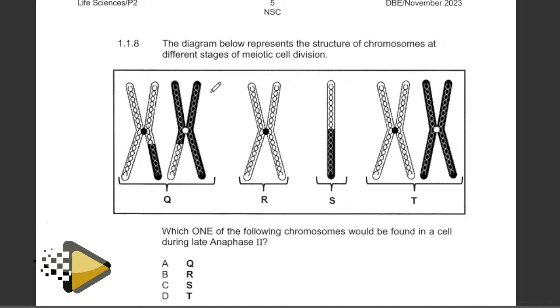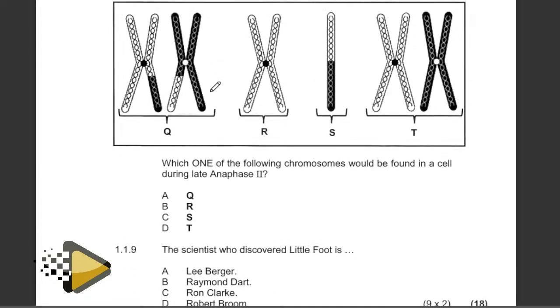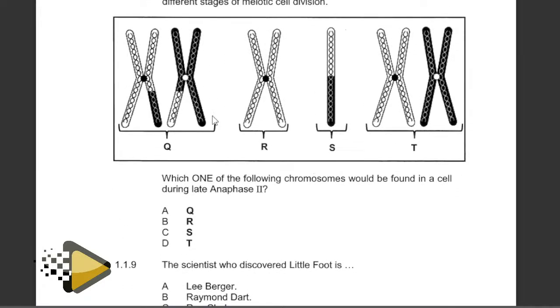1.1.8. The diagram below represents the structure of chromosomes at different stages of meiotic cell division. Which one of the following chromosomes would be found in the cell during late anaphase 2? So remember that in anaphase 2, you expect the chromatids.